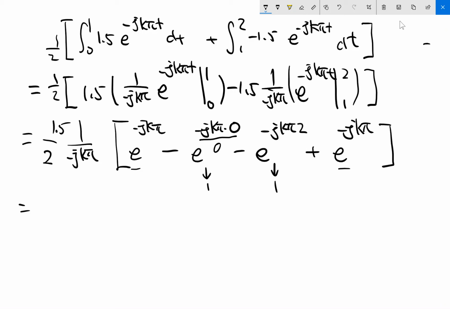Let's write it in a nicer way. It's 3 over 4 and minus j k pi. This became 2 times e to the power of minus j k pi minus 2, and this 2 can be cancelled with that 4 outside, so this one becomes 2, cancel these 2's.